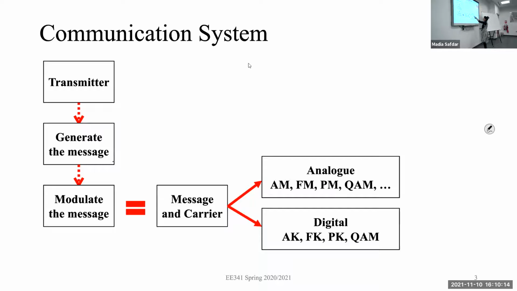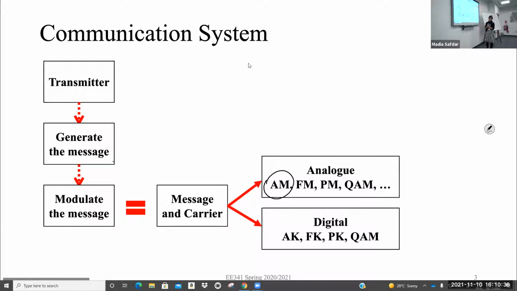Then there are different techniques of modulation: analog modulation and digital modulation. The types of analog modulation are amplitude modulation, frequency, pulse width. And with digital, amplitude shift keying, frequency shift keying. But today our focus is amplitude modulation. Okay.